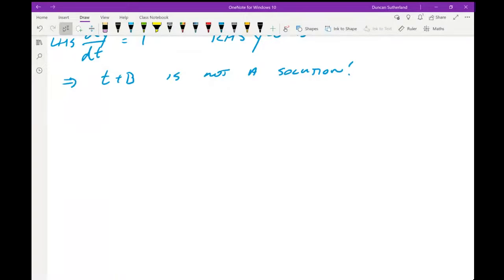Now, we've got a bit more terminology about solutions. We have general solutions, and we have particular solutions.